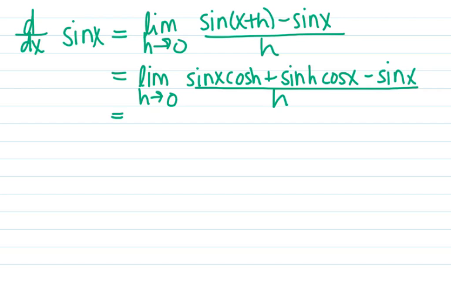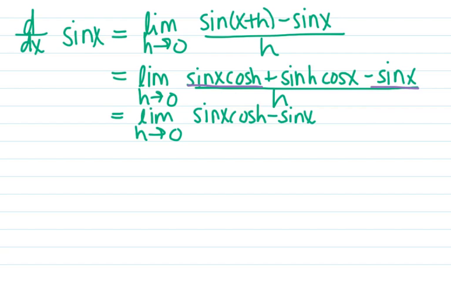Alright, so what I'm noticing here is I have two terms that have a sine x, this one and this one. So I'm going to rearrange it with those next to each other. So sine x cosine h, and then I'm going to bring that minus sine x next to it, and then put that plus sine h cosine x on the end, all over h. Okay.